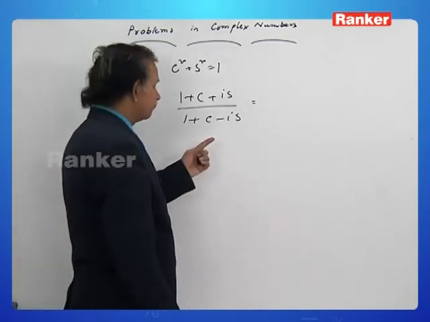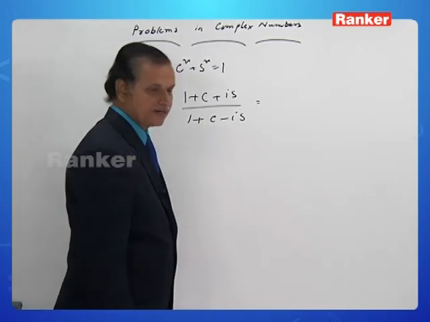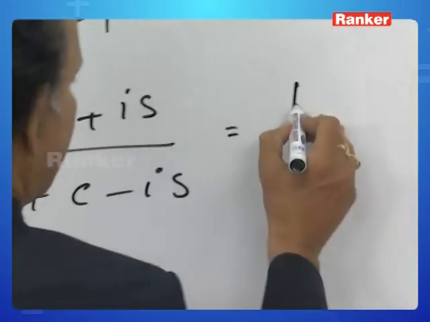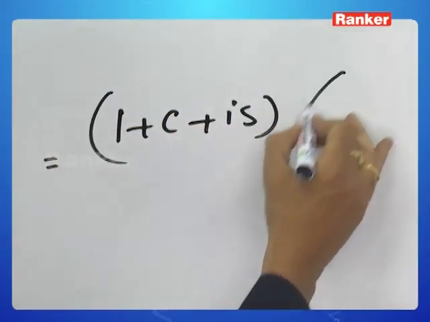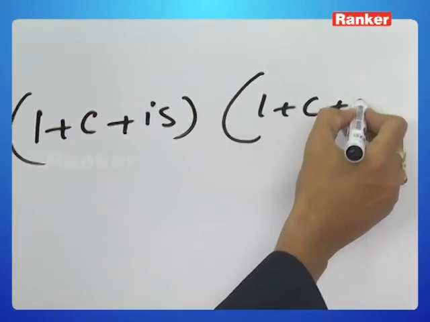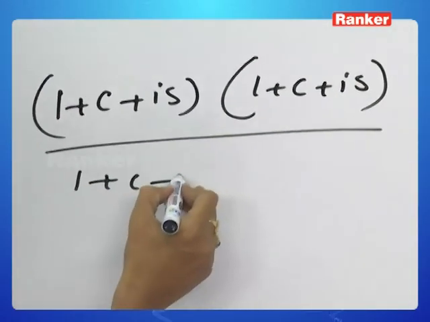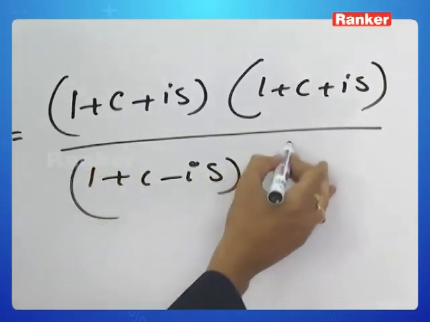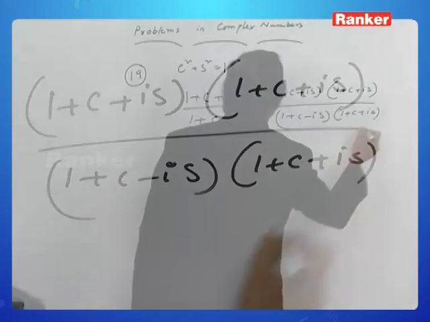Let us now multiply both numerator and denominator with the conjugate of the denominator, that is 1 plus c plus is. Into 1 plus c plus is by 1 plus c minus is into 1 plus c plus is.